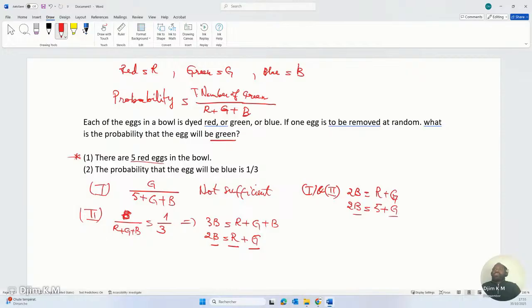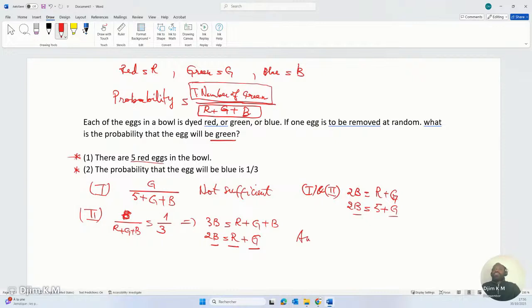So actually we want to find the total number of eggs and the number of green eggs. So from this equation, we won't be able to find it. So the second condition is not sufficient, and the combination of these two conditions is also not sufficient.